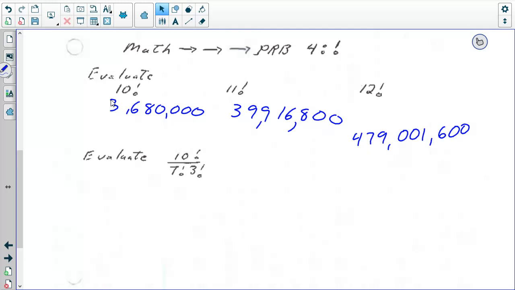When you punch this into your calculator, you must remember to put brackets around the denominator.